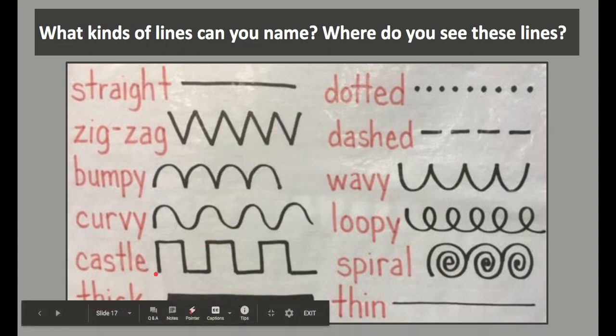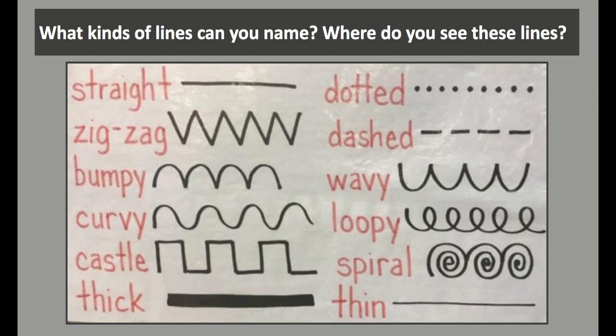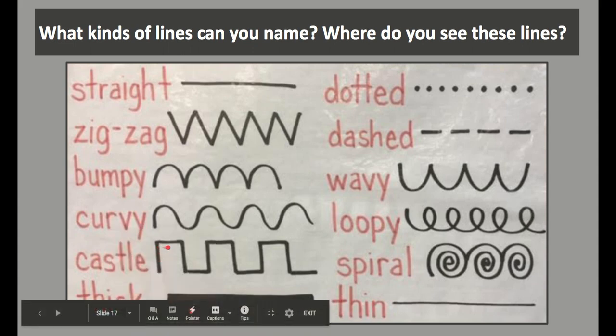I see a castle line that looks like the top or the turret of a castle. When I draw this line, it's sort of a pattern. Up, over, down, over, up, over, down, over, up, over, down, over.